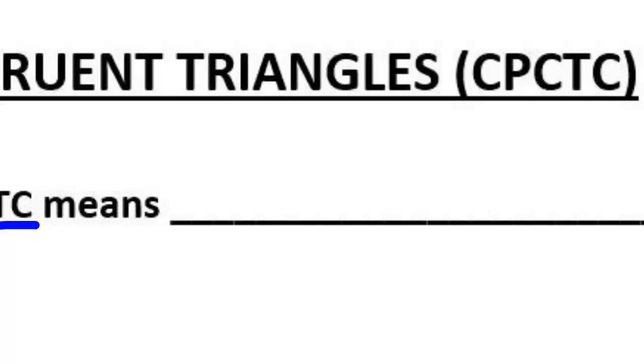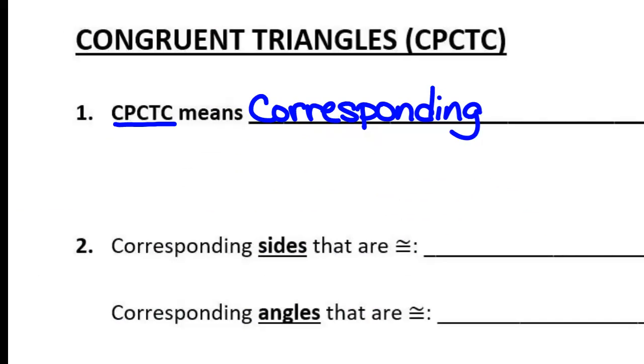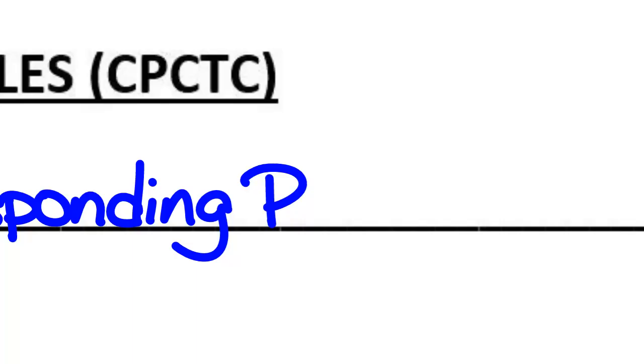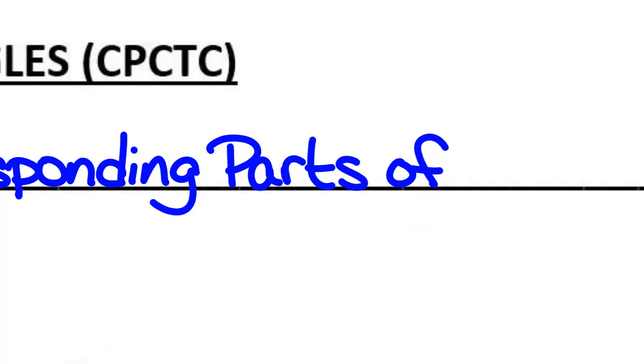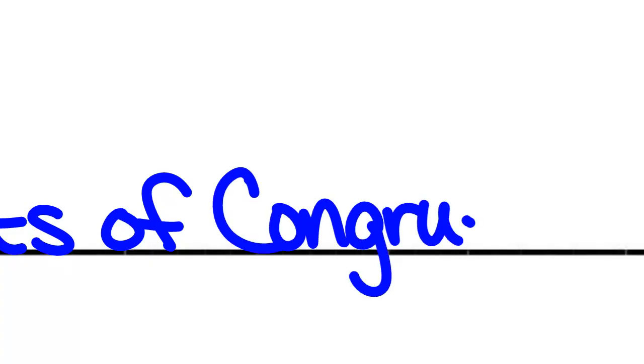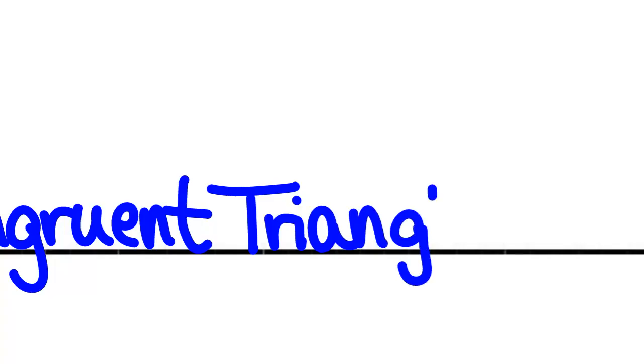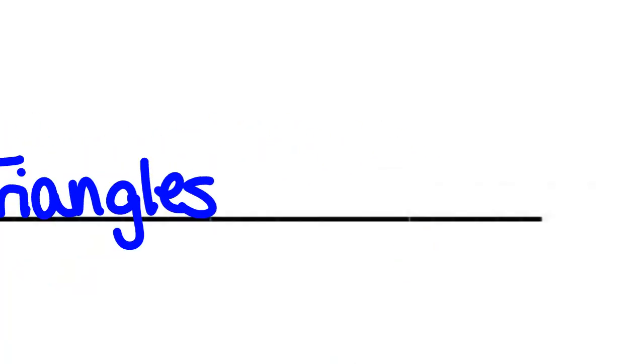CPCTC means corresponding parts of congruent triangles are congruent.